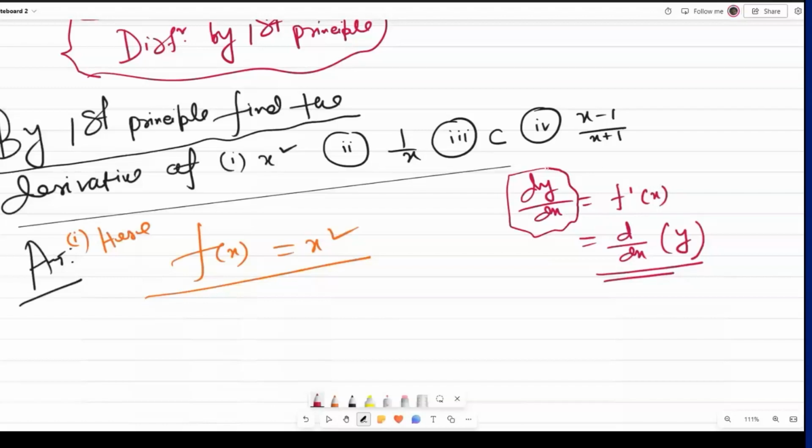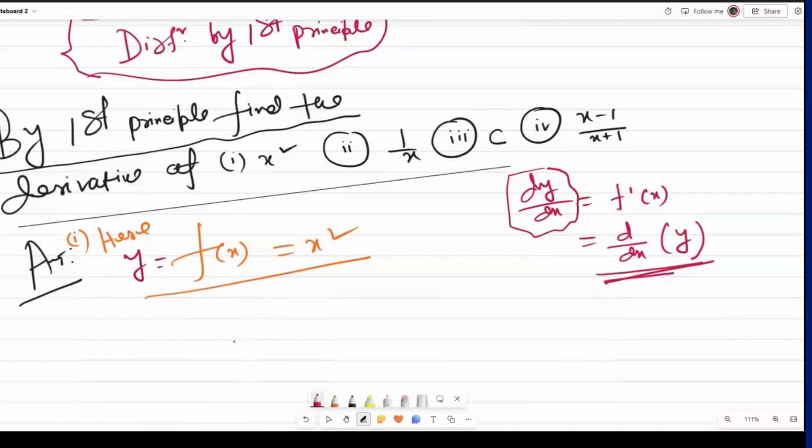But the actual meaning is that this is not an algebraic thing. You are not dividing anything by anything. You are finding the rate of change of y with respect to x, d dx of y. Clear?